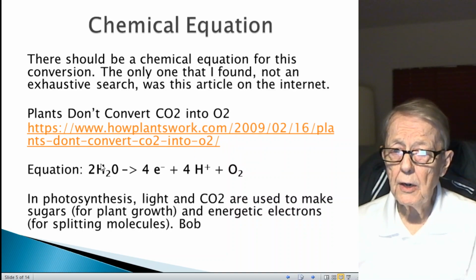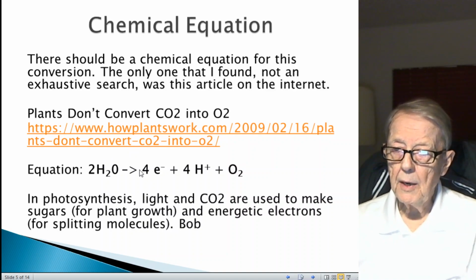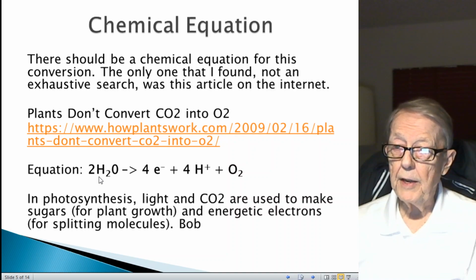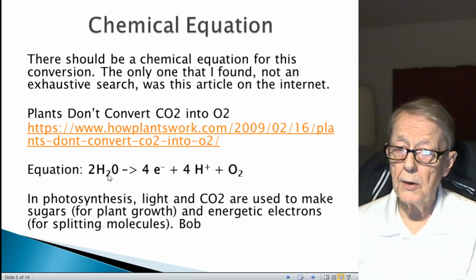And here I say her, I don't know, I know a female biologist, so I don't know who the author is here. But the equation in the photosynthesis process is converting water to oxygen, including 4 electrons and 4 hydrogen ions.